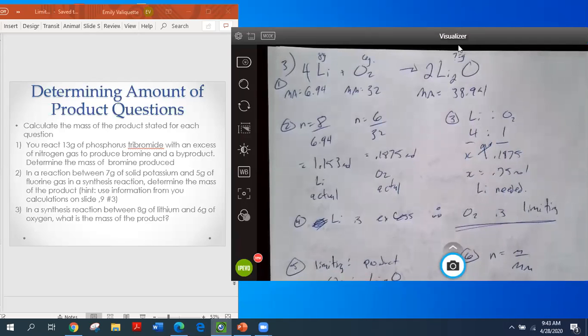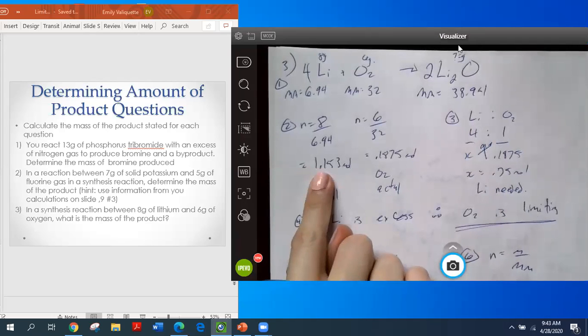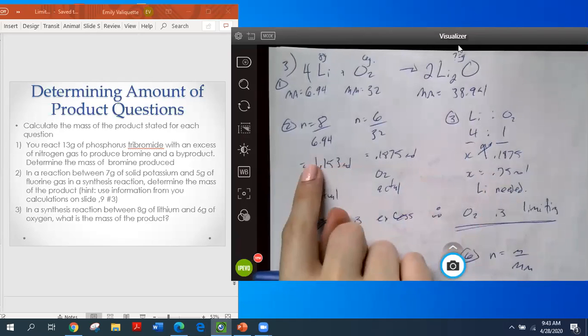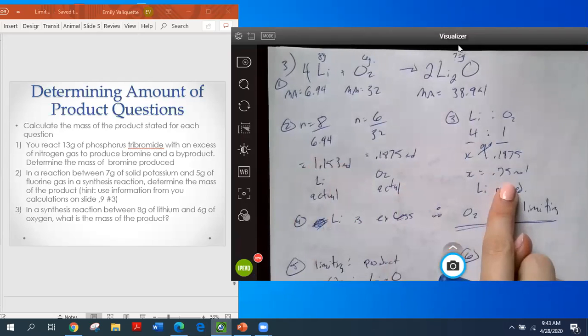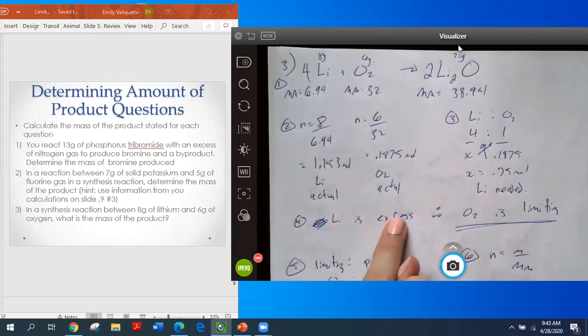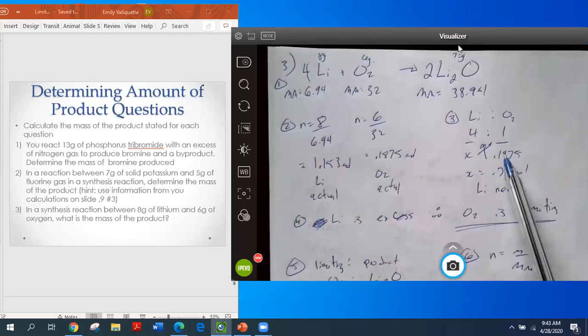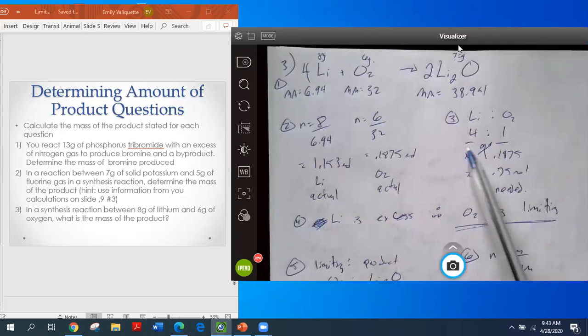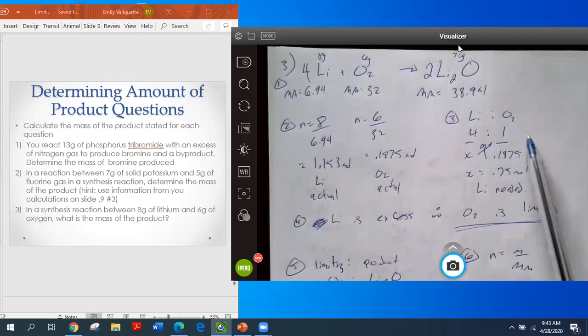And as you can see, you have way more than you need. You have over 1 mole, you only need 0.75. That means that the lithium is in excess, which means that the oxygen is limiting. If you had put the X on the other side and 1.153 here and cross multiplied, you would have gotten that you needed more oxygen than you actually had. And once again, that would tell you oxygen is limiting.